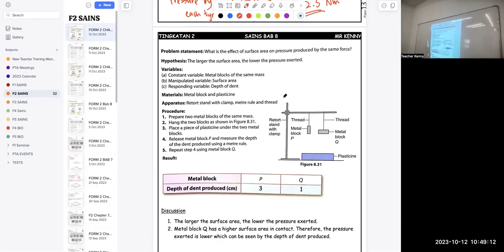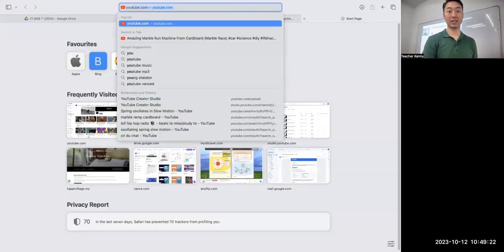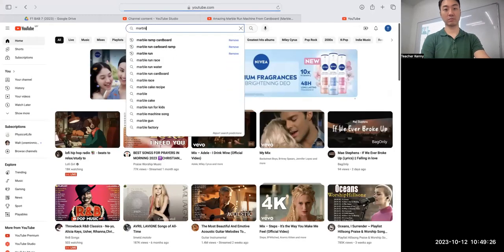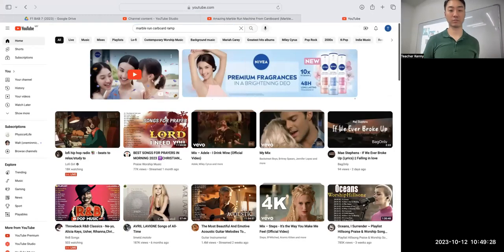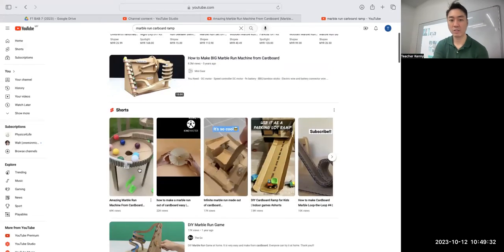You created a marble run. Speaking of that, any of you know what a marble run is? This one.